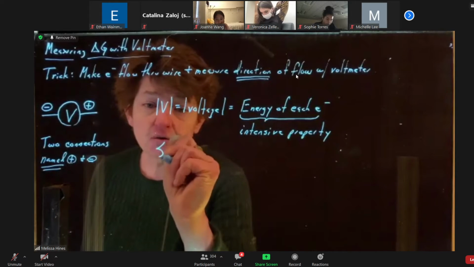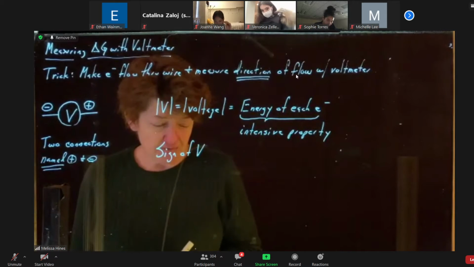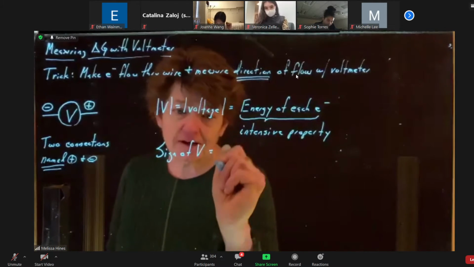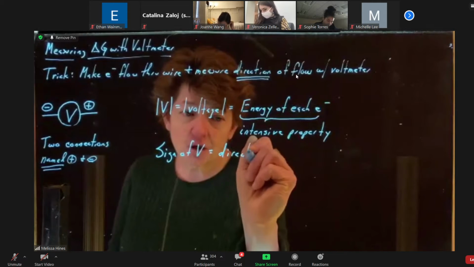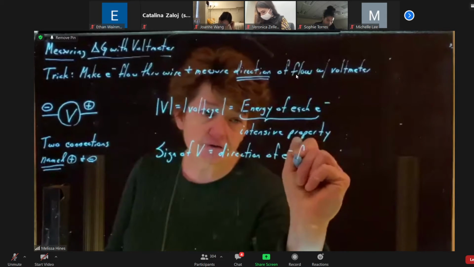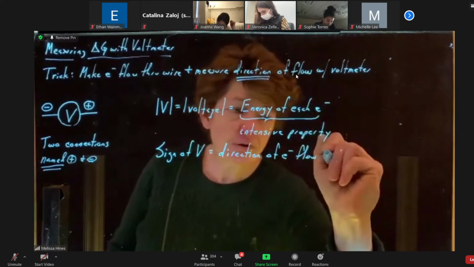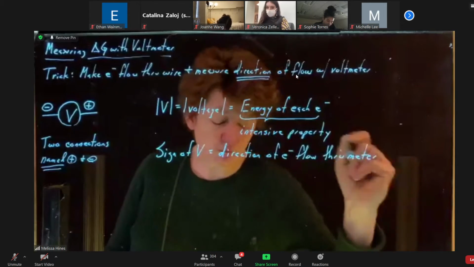Then you are also going to be measuring the sign of the voltage. And the sign of the voltage is going to be telling you about the direction of the electron flow, the direction of the electron flow through the meter. And so you have to know how to read that.